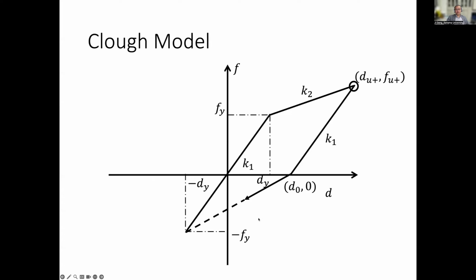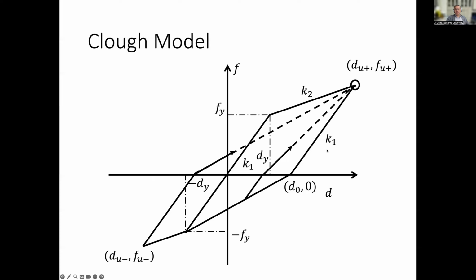They are not going to the yielding point because once they have developed some plasticity, which for a concrete structure means cracks have developed, this gradient should be smaller. So they point more directly toward the yielding force. But if they go back before they reach the yielding point, they still unload by K1, and from this point they point to the maximum point they have reached, not the yielding force anymore.